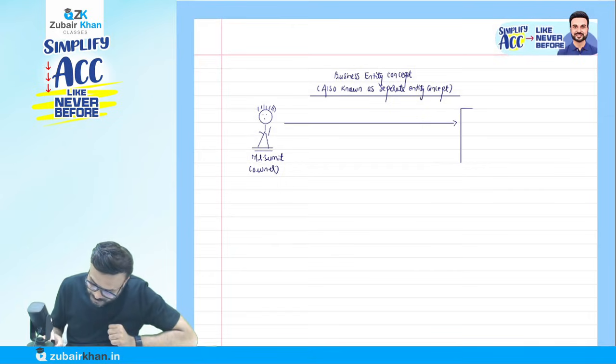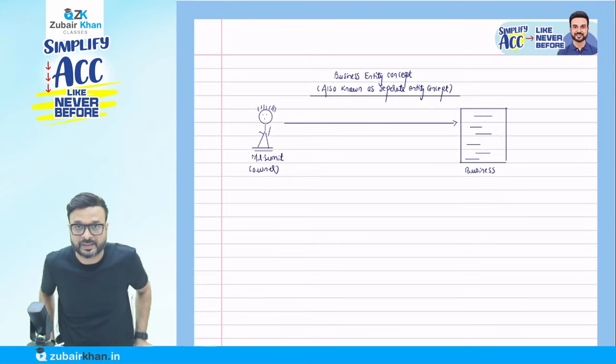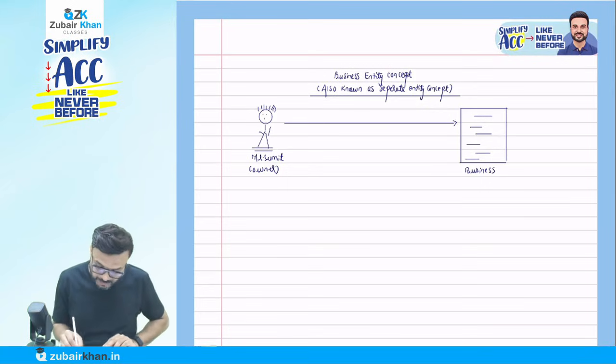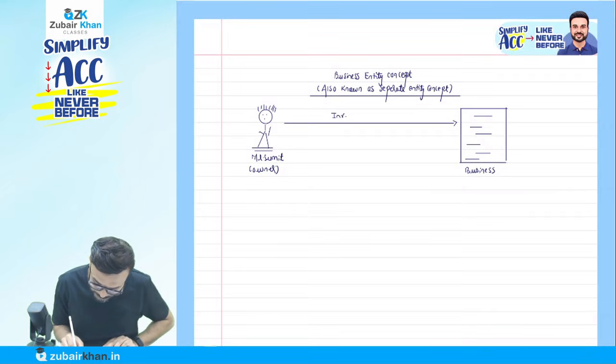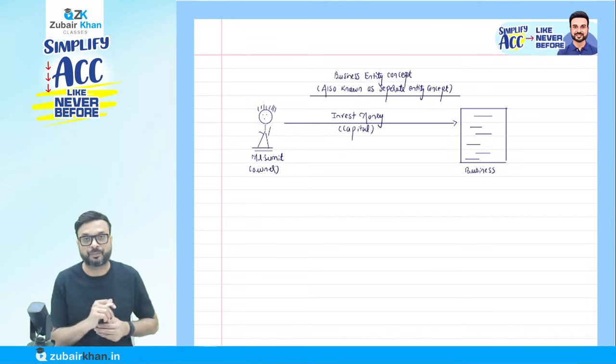Now, this is the business. Understand this concept properly. We call this the business. He invests some money there, and in accounting terminology we call it capital.